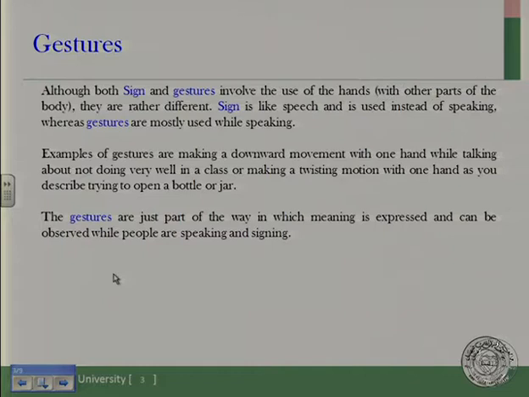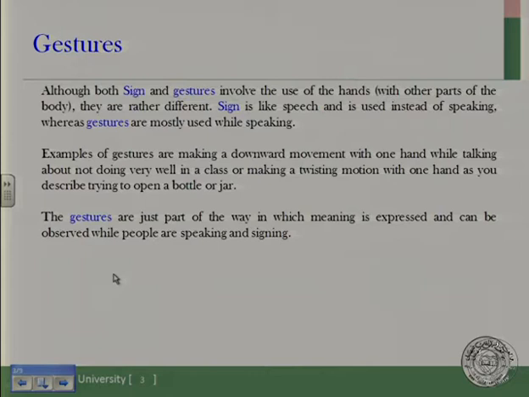Examples of gestures are making a downward movement with one hand while talking about not doing very well in a class, or making a twisting motion with one hand, as if trying to open a bottle or a jar.